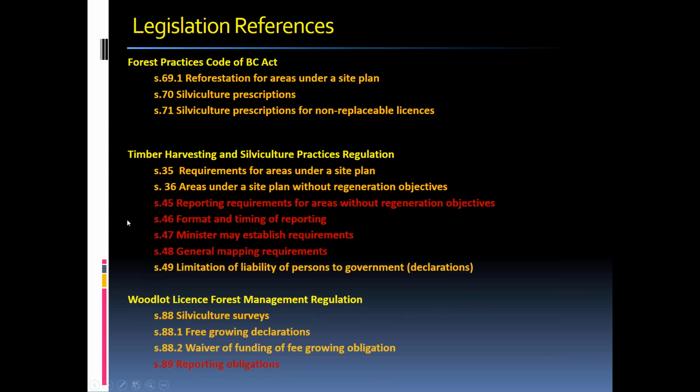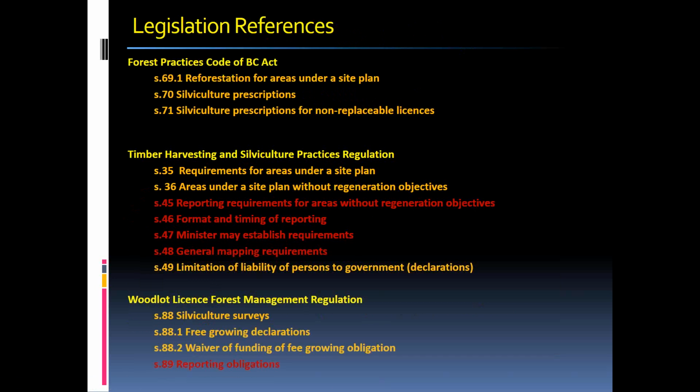We also have Section 46, format and timing of reporting. So when you delve into those sections of the legislation, and we'll see that in successive slides, more about what has to be collected or supplied to the Crown and when. And then there's a section that provides the ministry the ability to establish requirements.